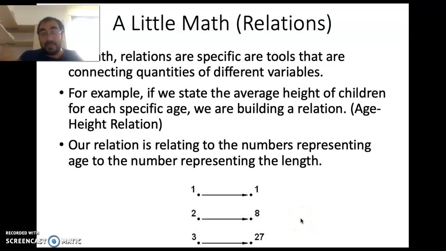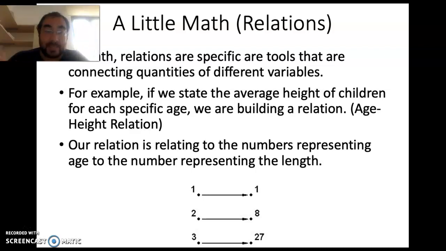So our relation connects 1 in the first plane to 1 in the second plane, 2 to 8, and 3 to 27. So 1, 2, 3 are in the first plane, 1, 8, 27 are in the second plane.